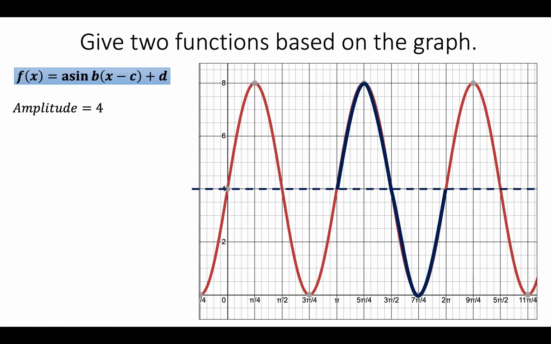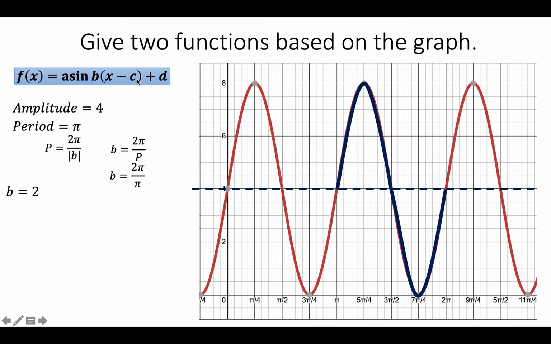So one cycle, or one period, is equal to pi. We know that the period is equal to 2 pi over the absolute value of B. So to find the value of B, the formula is B equals 2 pi over P, where P is the period. Knowing that the period is equal to pi, 2 pi over pi will give us B equals 2. So we now have A, we now have B.